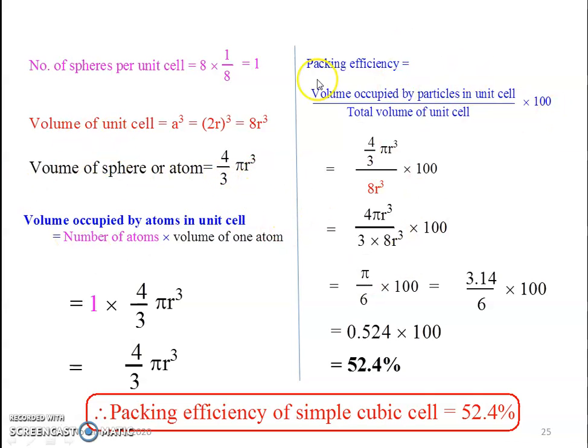And this formula is also very important: packing efficiency equals volume occupied by particles in unit cell upon total volume of unit cell into 100. Okay, so this is about the packing efficiency of the simple cubic cell.